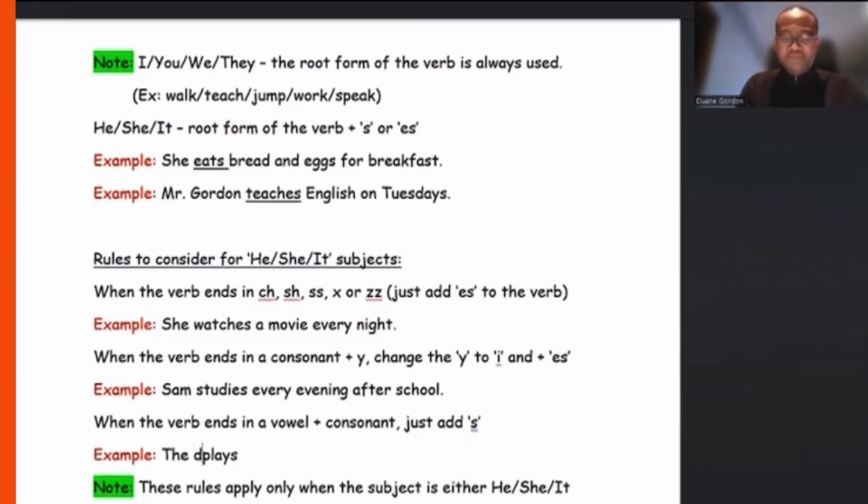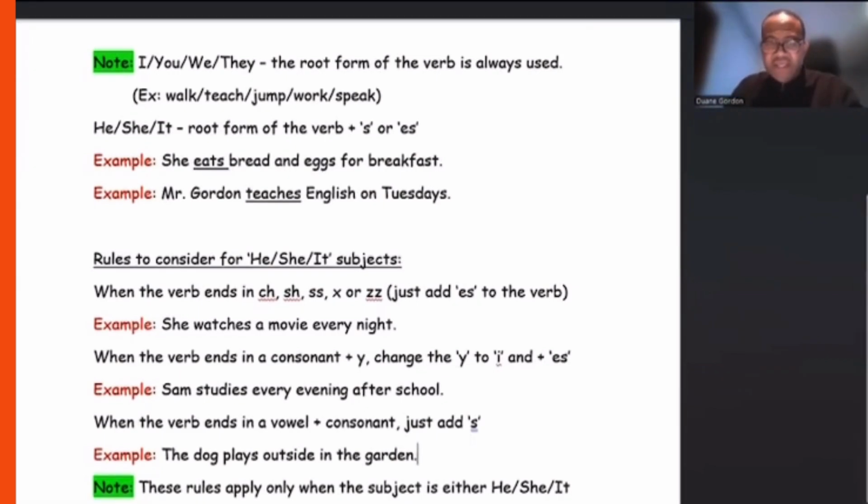The dog plays outside in the garden. The dog, subject pronoun it, plays. The verb play has a vowel and a consonant at the end. So you just simply add s and it becomes: the dog plays outside in the garden.